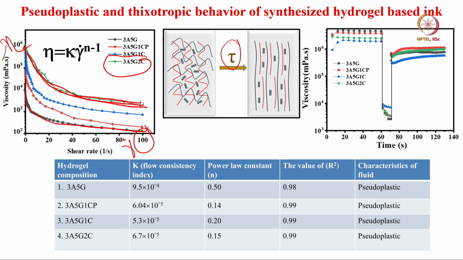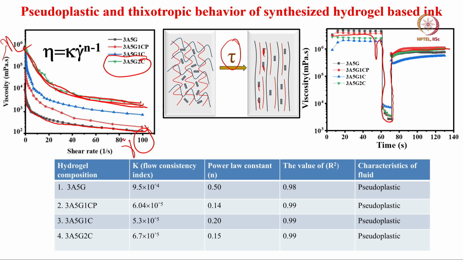This is the shear stress tau, and you can see how the carbon nanocellulose particles are contained when the material deforms. The thixotropic behavior essentially drops with time, up to let us say 60 seconds, which means 1 minute, and then it goes up and saturates after 1 minute.